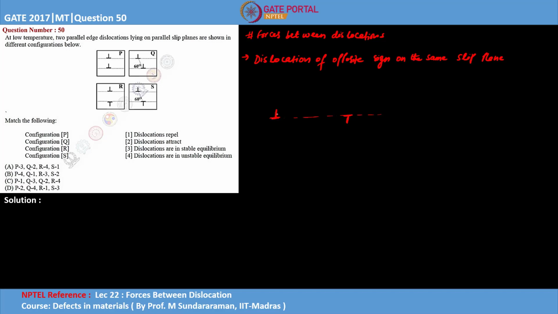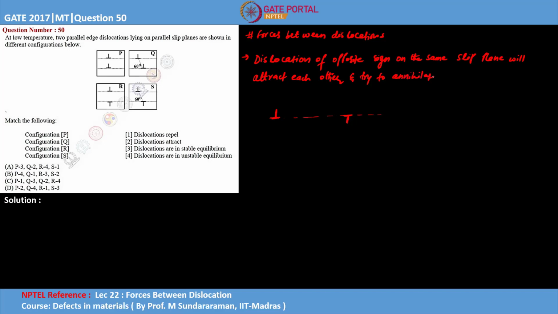So in that case, what will happen? Dislocations of opposite sign on the same slip plane will attract each other, and try to annihilate.